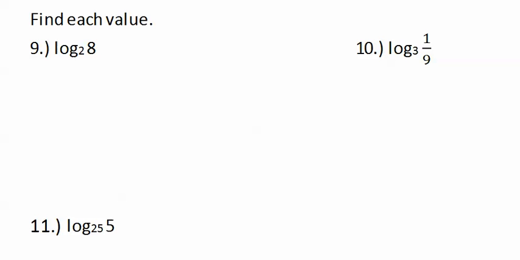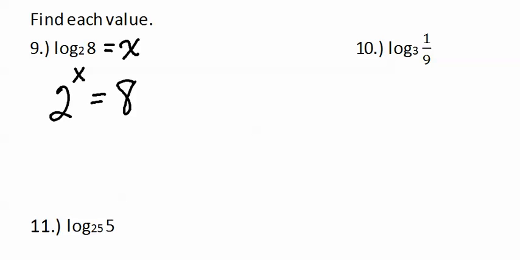And the last part of this video is we're going to take a little bit of a preview of how we're going to evaluate these and actually solve for variables. So what we want to do is evaluate it, to see what each evaluates to. What we're trying to figure out is what it equals, which is an unknown. So I'm going to set that equal to x. There you can see it makes a more complete equation where we can make it exponential. I take the 2 as the base, take the x as the exponent, and set it equal to 8.